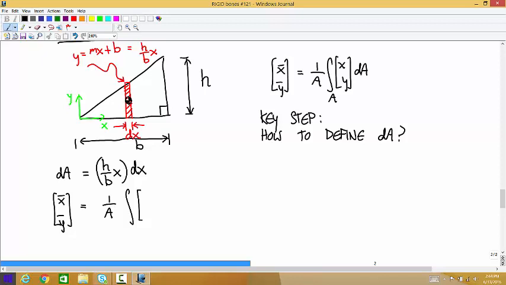If this strip is at the location x, what's the x coordinate of the centroid of that strip? x, because that dx is infinitesimal. That's insignificant in this. What about y?